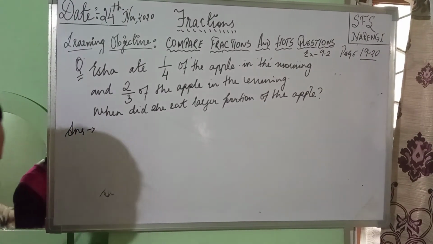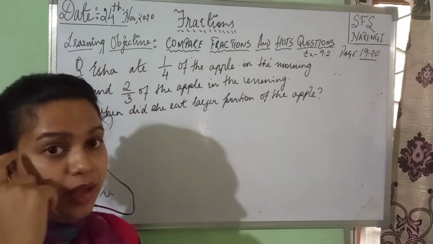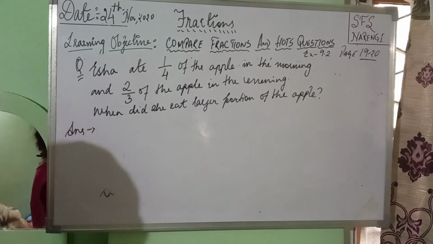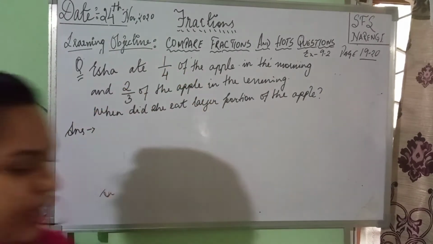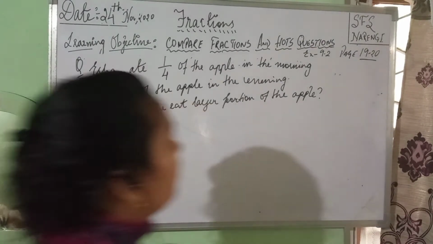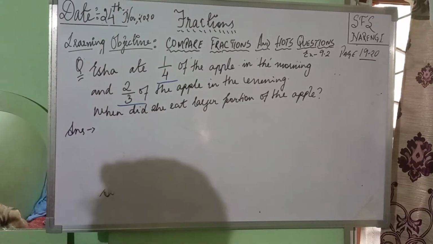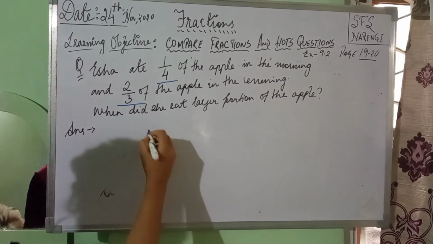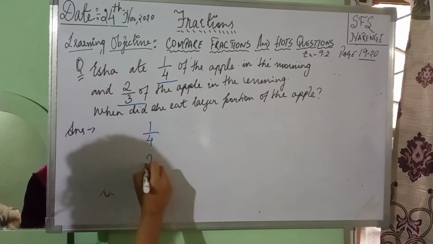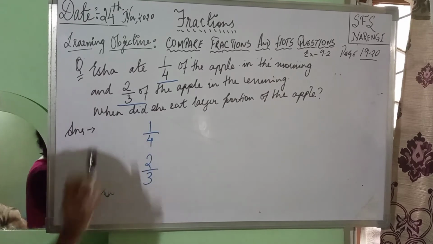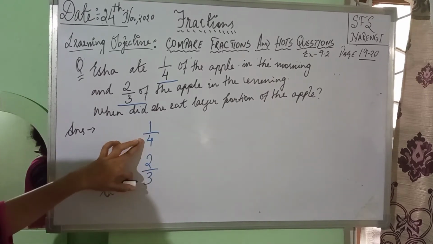All right. Now see, children, how many fractions do we have here? We have that Isha ate 1/4 in the morning and in the evening she ate 2/3. Okay, so for 1/4 and 2/3, do they have the same denominator?